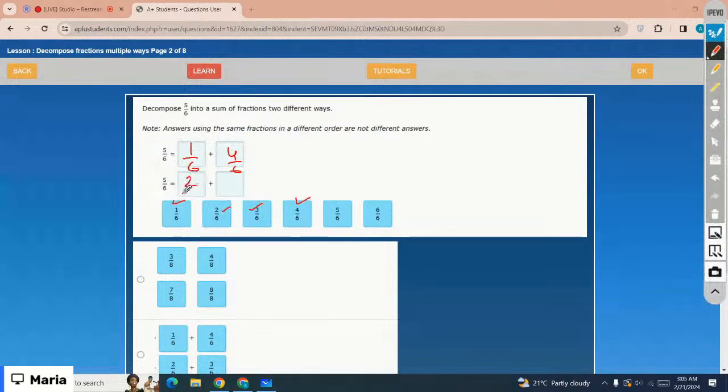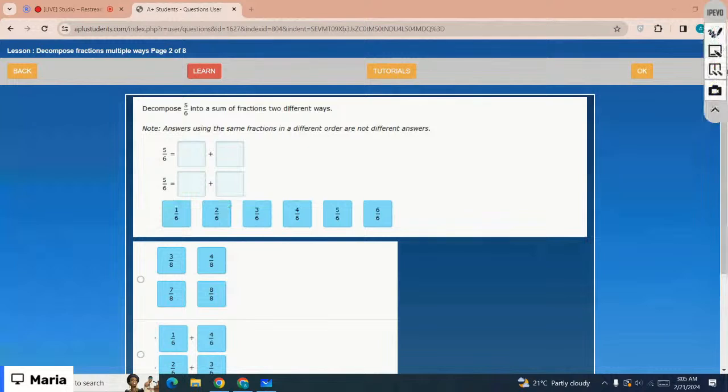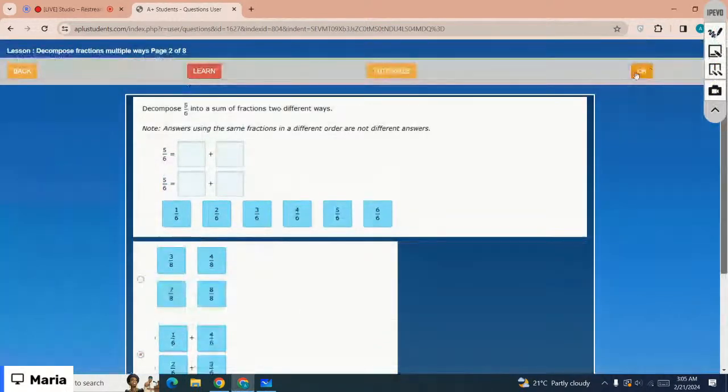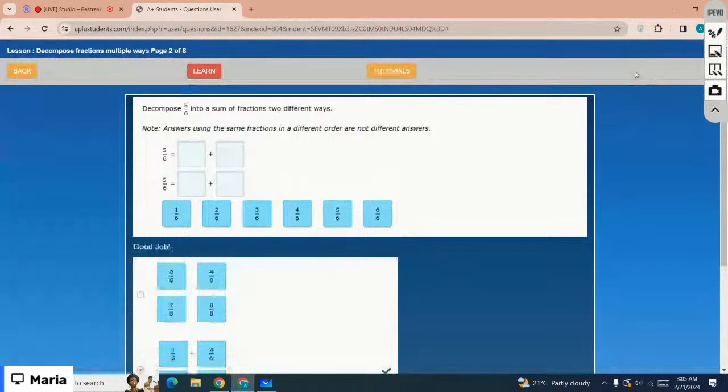So you can do 2 by 6 plus 3 by 6. Got it? So you have two options, 1 by 6 plus 4 by 6, and 2 by 6 and 3 by 6, right? The correct option is option number 2. Got it? Option 2 is the correct option.